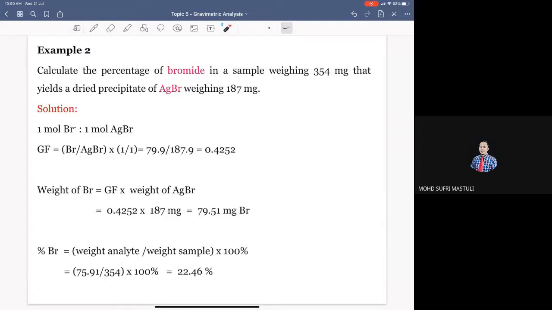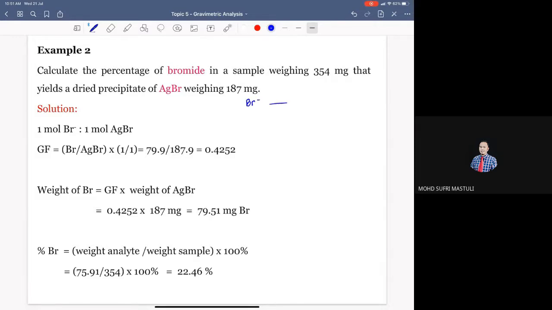Moving forward to this another question. Calculate the percentage of bromide in a sample weighing 35 milligram that yields a dried precipitate of silver bromide, AgBr, with mass of 187 milligram. So Br, bromide is not bromine.